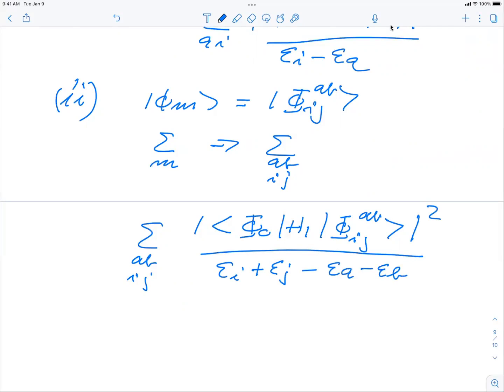So the denominator is easy to calculate, and this denominator could be the denominator which has as input the Hartree-Fock energies. So we can leave that unspecified.